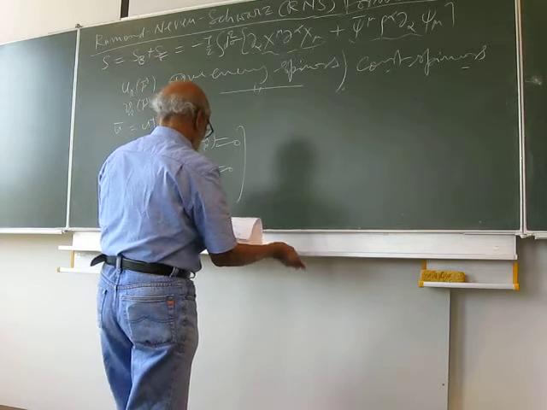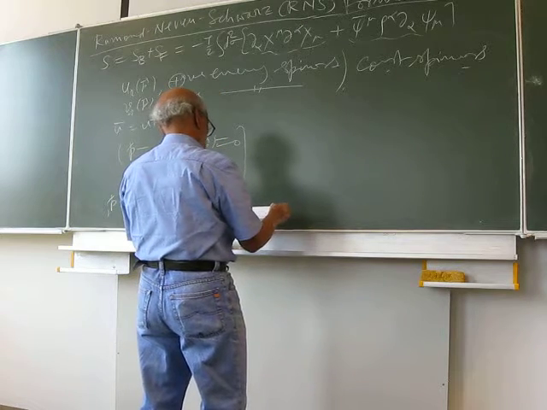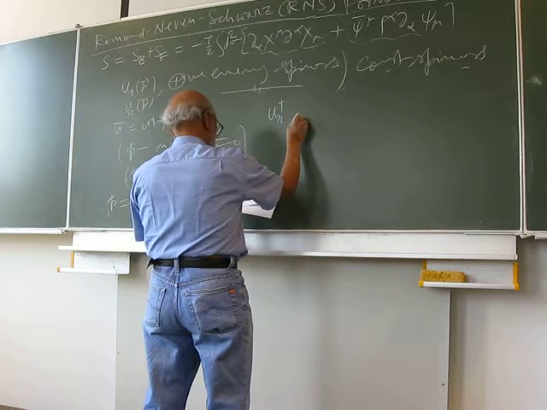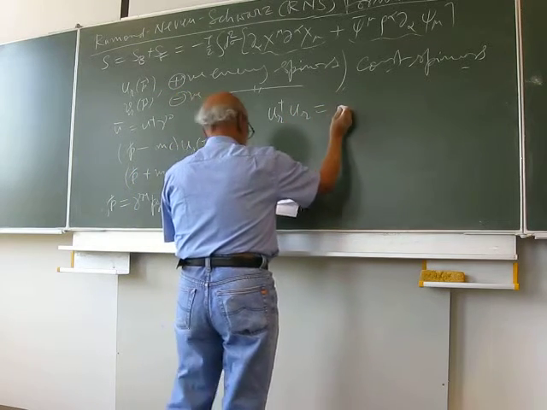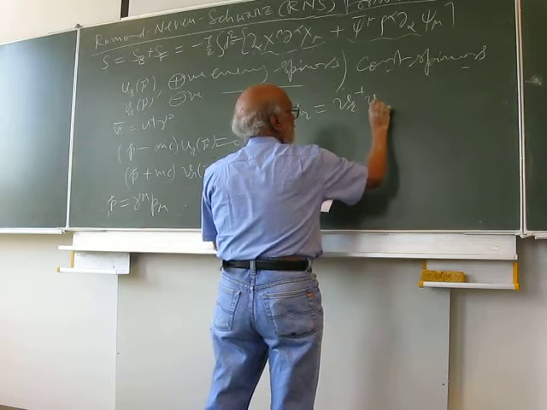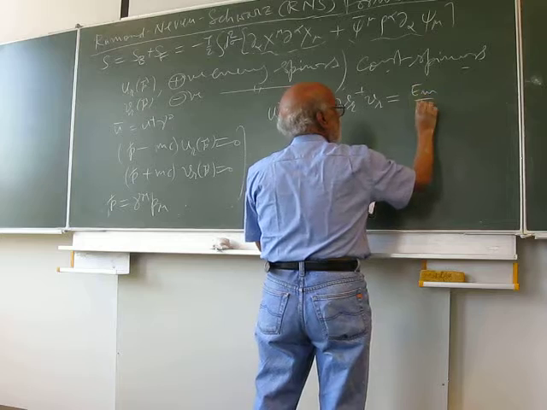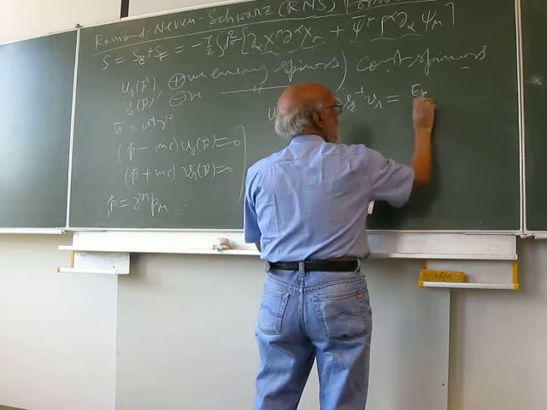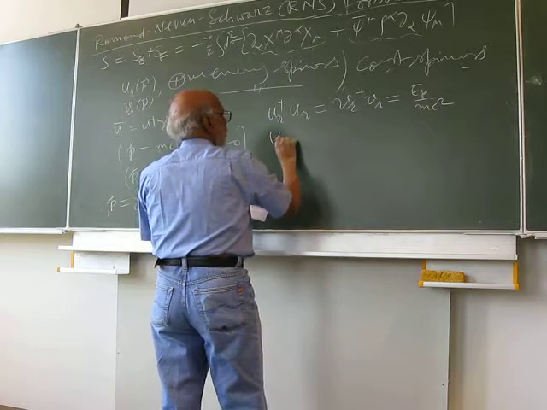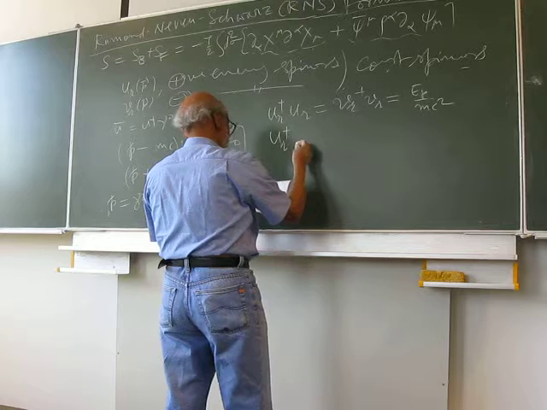And here U_R dagger U_R equals V_R dagger V_R equals E_P by MC squared, and these are the norms of these spinors.